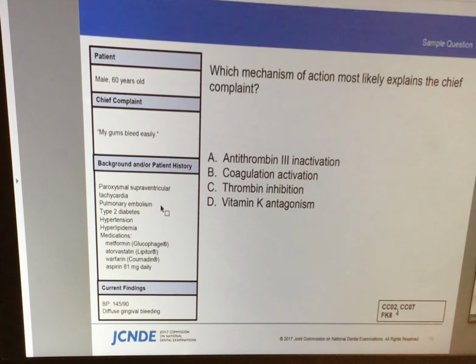The other concern here is the warfarin. Patient has pulmonary embolism. That means more of a clotting problem. In this case, say pulmonary embolism, sometimes we can put deep venous thrombosis, DVT, and the medication is warfarin, right? So the major concern here is the warfarin.